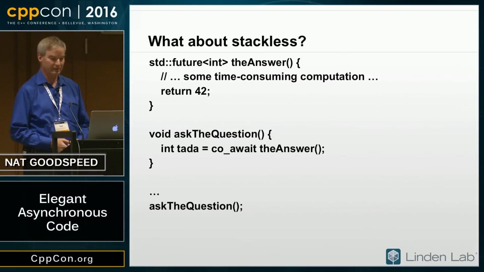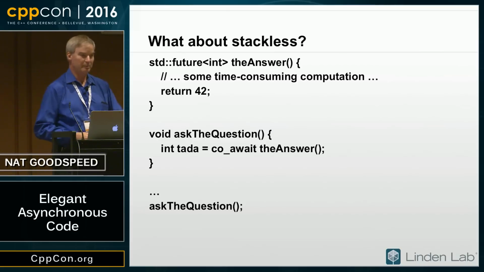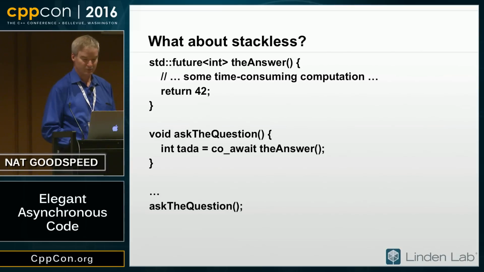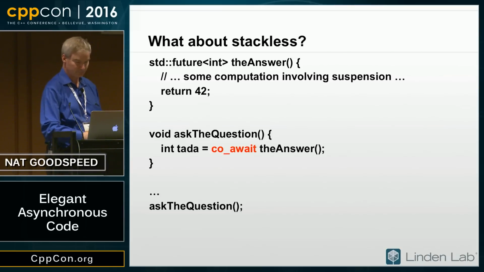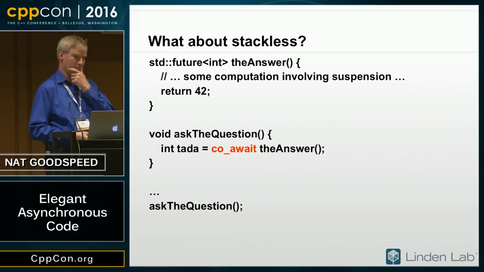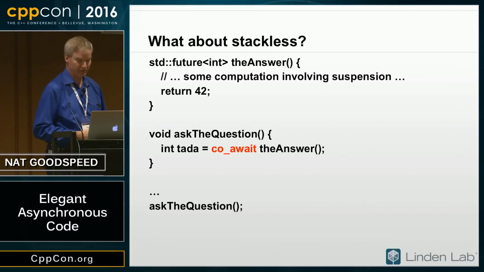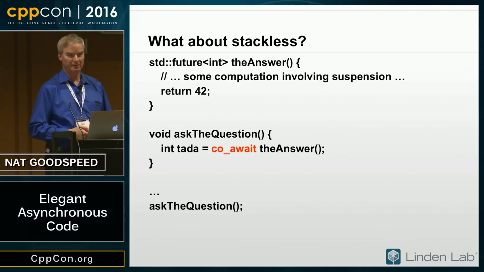In practical terms, the caller of a resumable function must always be prepared to deal with a not-yet answer. Standard future is one way to express that. The co_await keyword is the magic syntax that wraps up that ambiguity. The answer is not yet available. I myself must suspend until then.